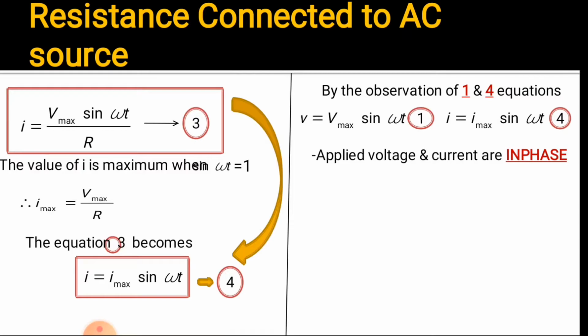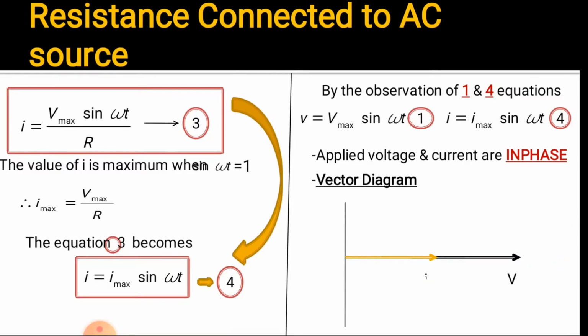Then, observing the vector diagram, consider the origin point, consider V as the reference, and the current is in phase with the voltage. That means the two vectors lie on the same line.